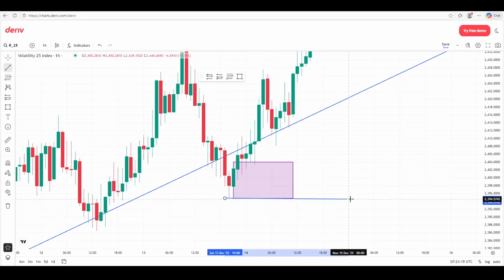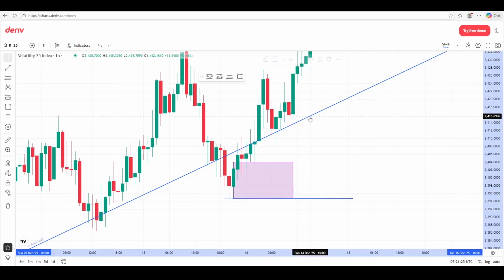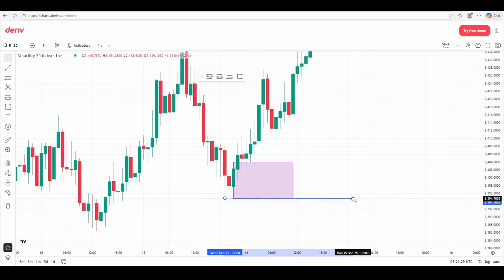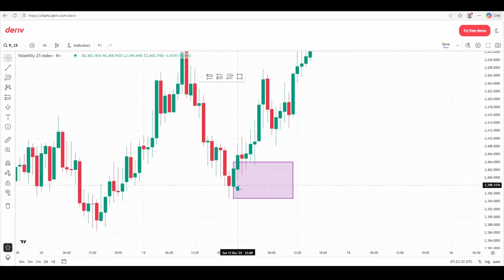And as long as price is above this point, we are going to be looking for buy setups, and that is what we are going to look at to see which opportunities we would have taken from this point. I'll just point out with an arrow from this area here is when we start looking for buys.